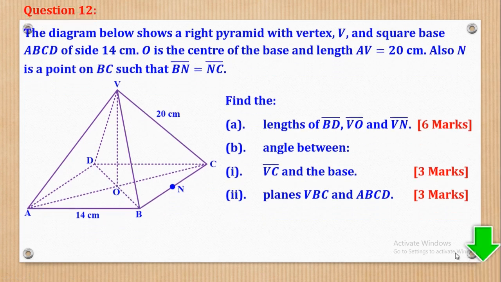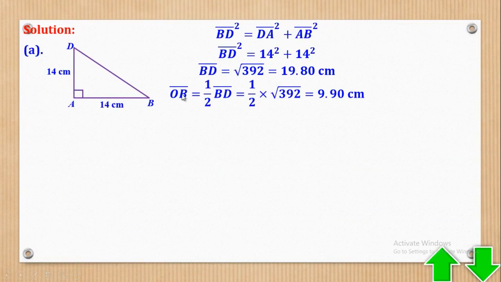That is why here we are writing that OB is equal to half of BD, implying that OB is equal to 9.9 centimeters. So now that we know OB, we can come and get the other length. So OB, it means that this is 9.9 centimeters, and VB is already 20 centimeters as it was given.